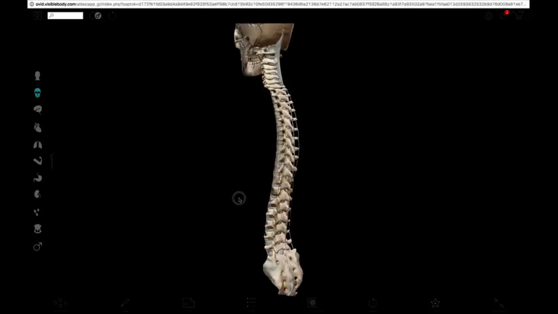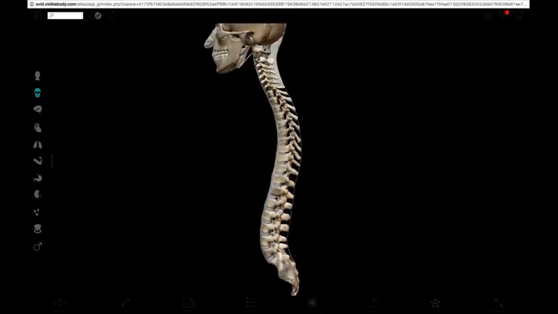When we look at this, we know that there are different curves. Notice that the cervical spine has a convexity anteriorly. They call this a lordosis. Then you can see that in the thoracic spine, we have a convexity posteriorly. That is known as a kyphosis.